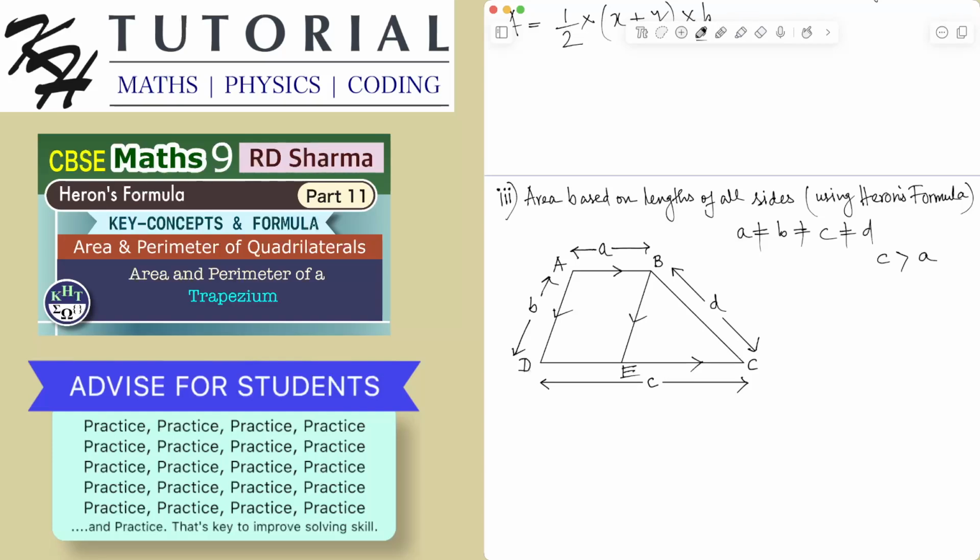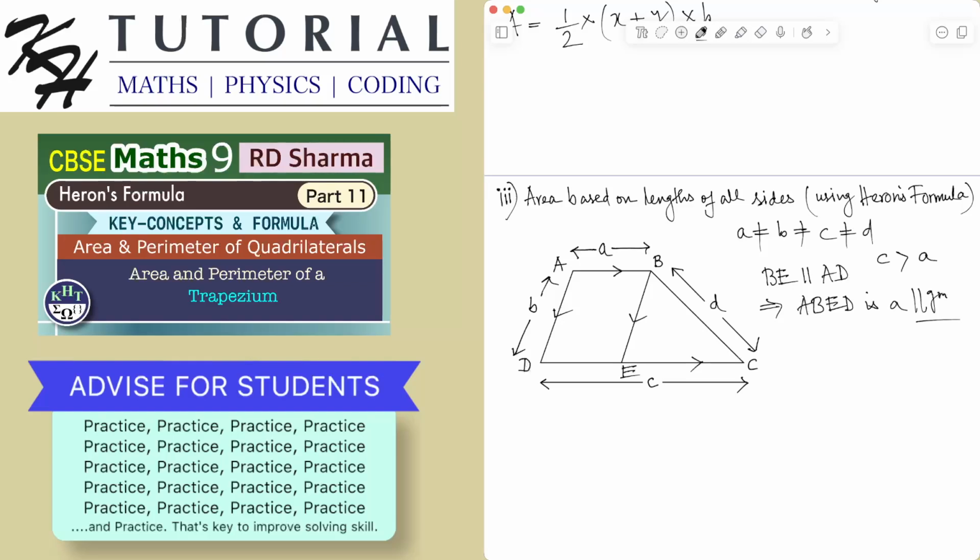So we have drawn BE parallel to AD, and this implies that ABED is a parallelogram, which is the short form of writing a parallelogram.